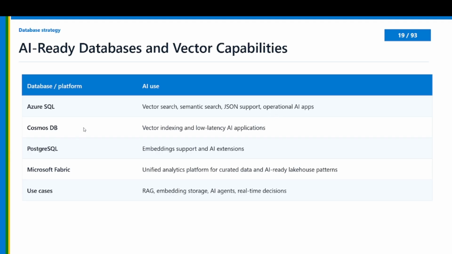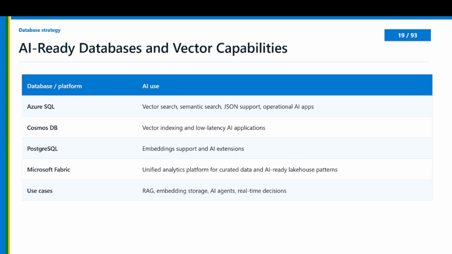Then we have Cosmos DB. I told you before as well that Cosmos DB now supports vector indexing and low latency AI applications. We have PostgreSQL. PostgreSQL supports embedding and AI extension through the PG vector. Microsoft Fabric. Microsoft Fabric is a unified analytic platform with lakehouse, warehouse, and Azure SQL database hosting, and you can also host Cosmos DB, MongoDB, and other document databases.